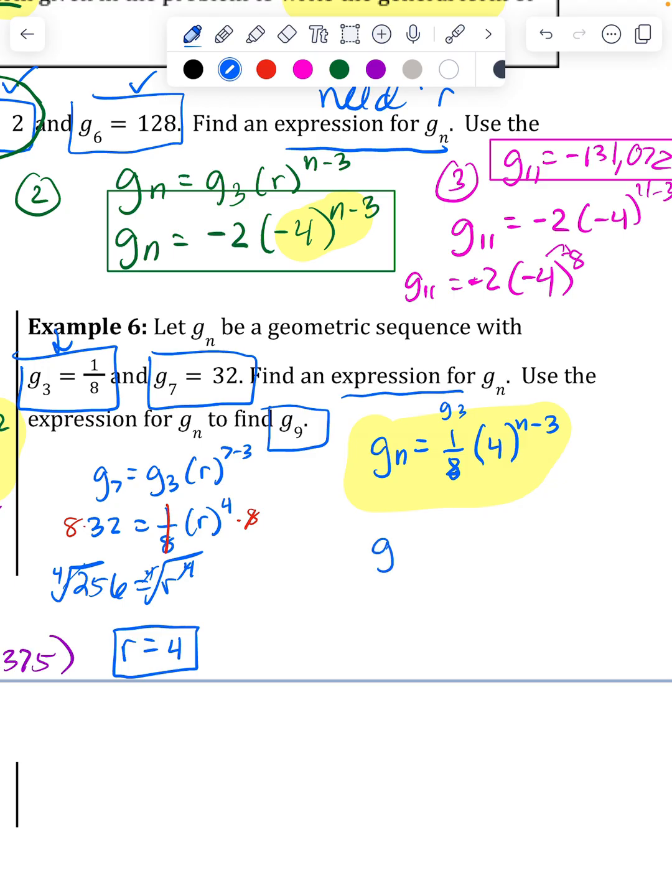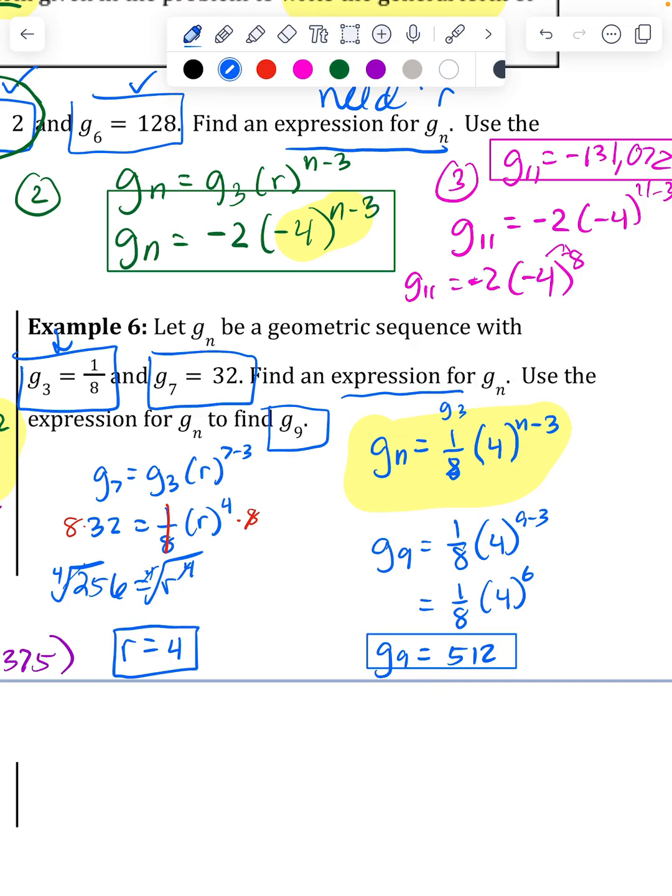So last step, once I have that, to find G9 is easy. I just plug in a 9. So on my calculator, I'll end up doing this because clearly you don't have to do 4 to the 6th power on your own. And so I end up thinking, okay, the 9th term of this geometric sequence would be 512.